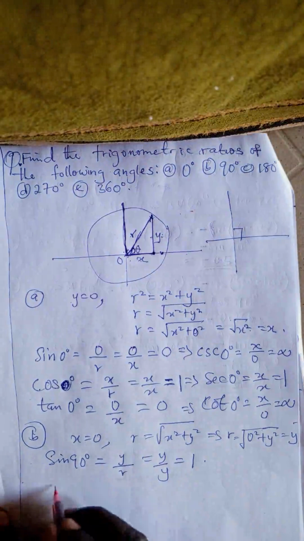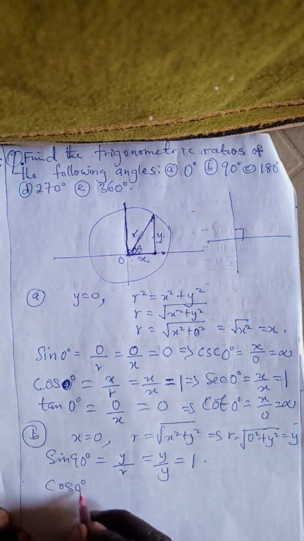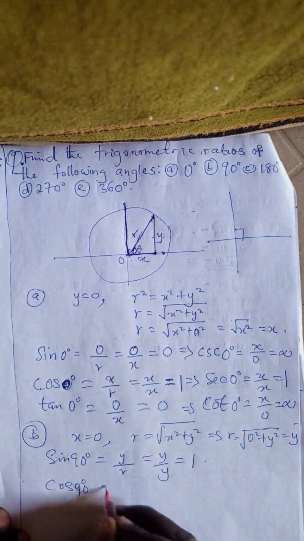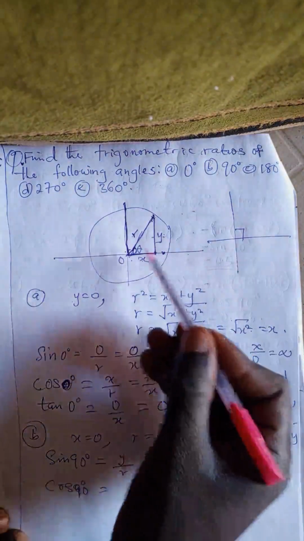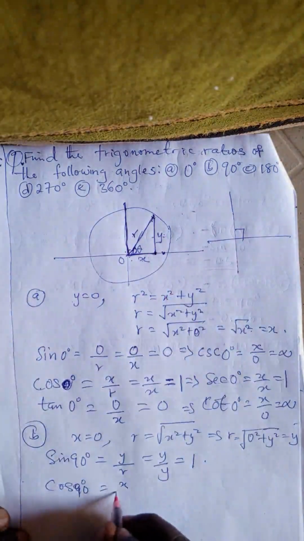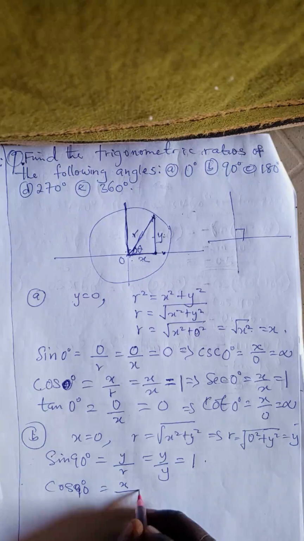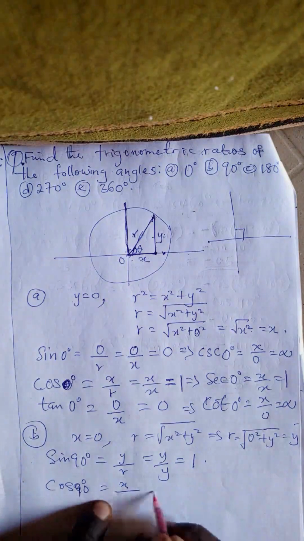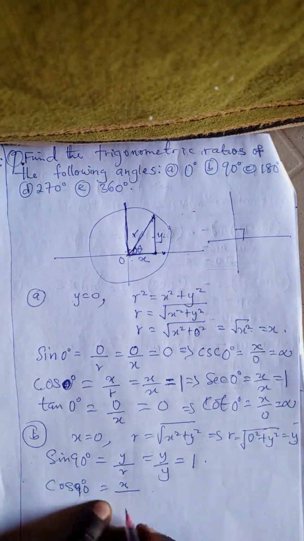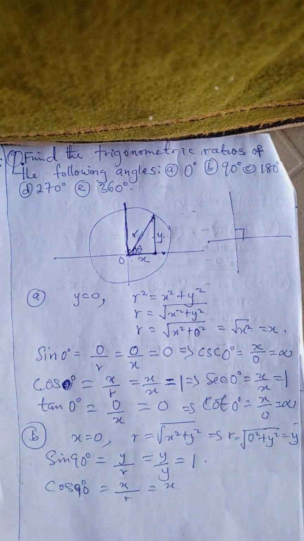And so we go to cos 90. So cos 90 degrees is equal to adjacent over hypotenuse, and the adjacent is x. The hypotenuse is equal to r, and that is equal to x over y.